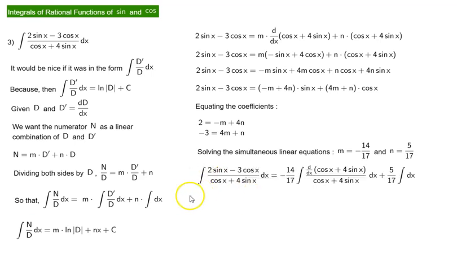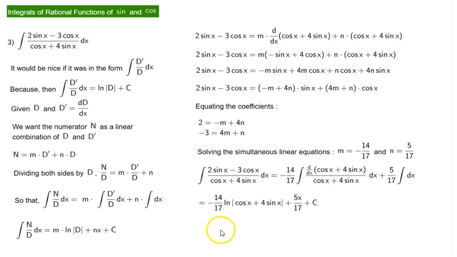Now, let's apply this formula. We have the integral of 2 sin x minus 3 cos x dx by cos x plus 4 sin x is equal to m times the integral of d prime by d dx, where m is minus 14 by 17, times the integral of the derivative of the denominator divided by the denominator dx, plus 5 by 17 times the integral dx.